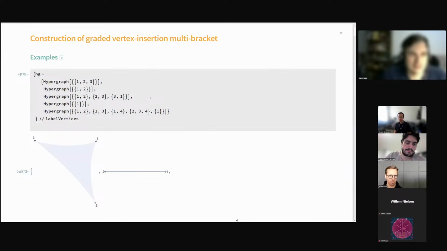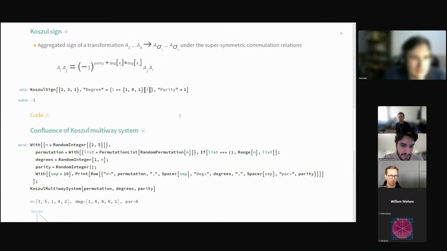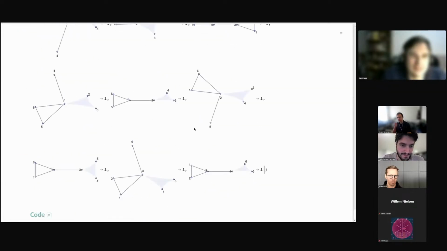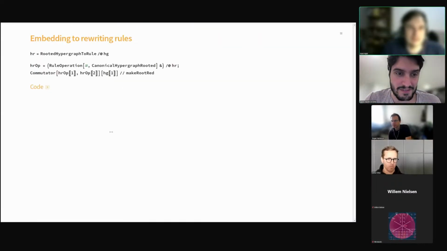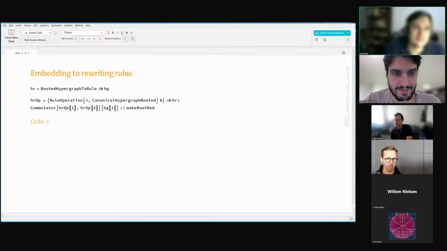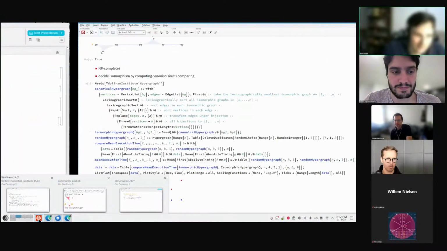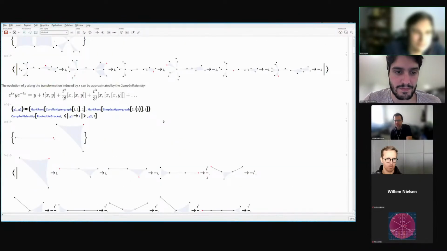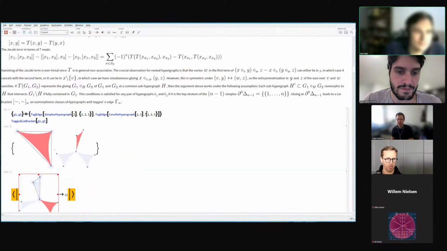Maybe if you want to discuss this, to close this topic, there are additional ideas in the Wolfram summer school talk and the winter school sheet, like how to get a Poisson algebra from that.